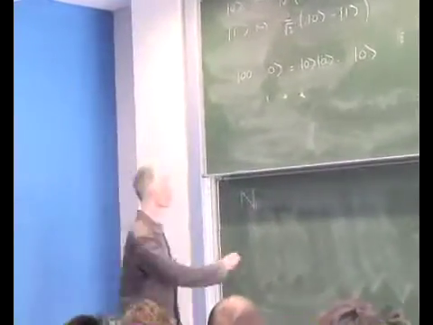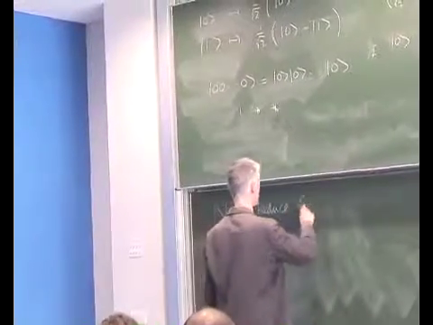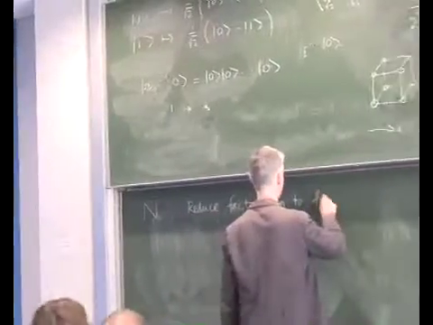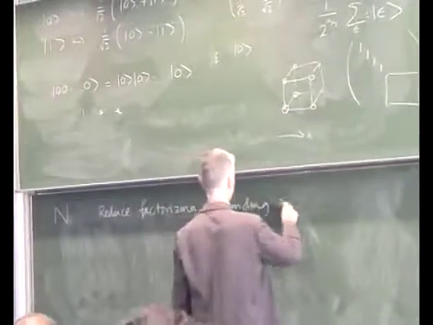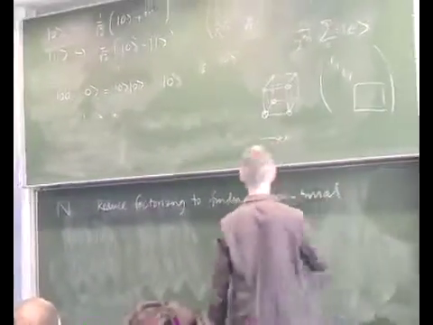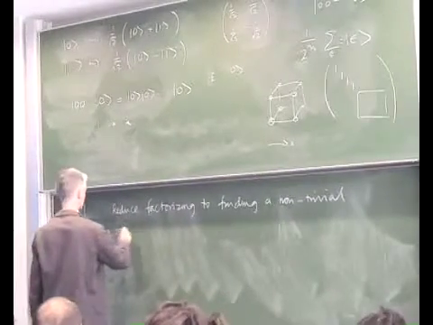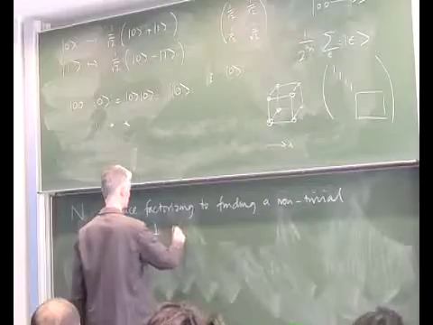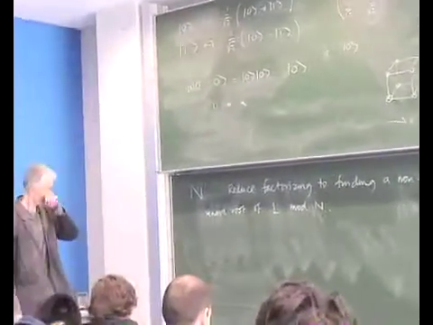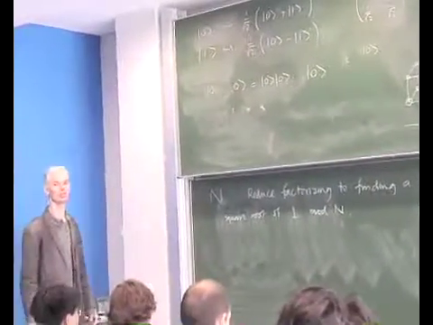So the first thing is going to be the observation that if you can find a non-trivial square root of 1 mod n, then you can factorize n.